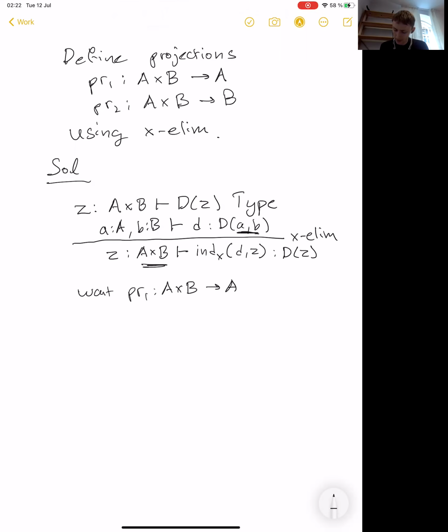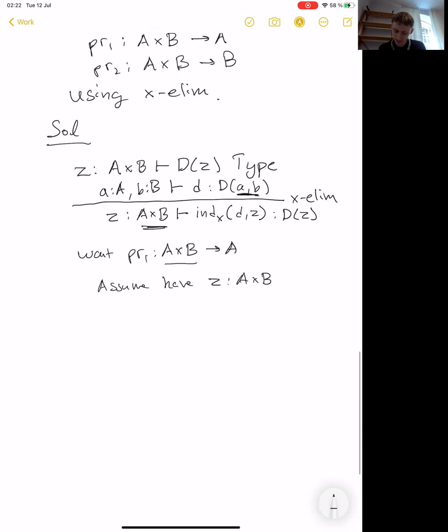Well, we introduce something of type A cross B, and we want to be able to produce something in A. Okay, so let's assume that we have a Z in A cross B. We want to define PR1 of Z in A. Okay, so the goal now is proving that we have something in A.